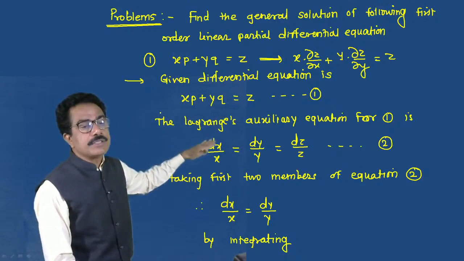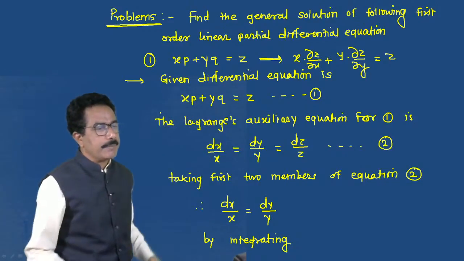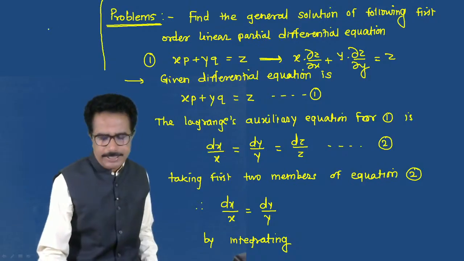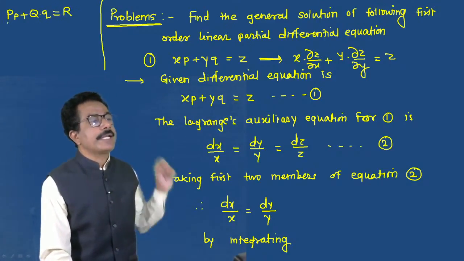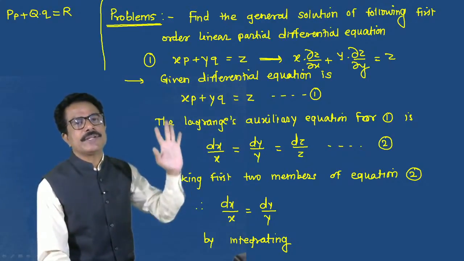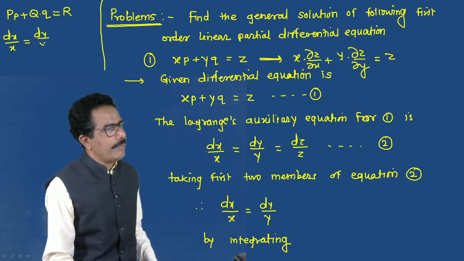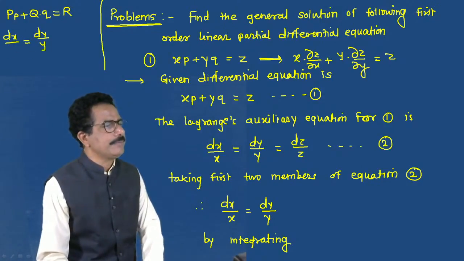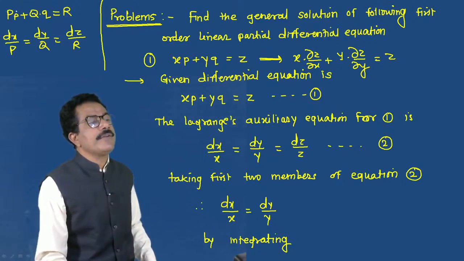The Lagrange's auxiliary equation for this: see how we write it. How does it look in the general form? We have just seen the theorem. If the equation is P p + Q q = R, where P, Q, R are functions of x, y, z, then its auxiliary equation is dx/P = dy/Q = dz/R. That means dx divided by the coefficient of p.